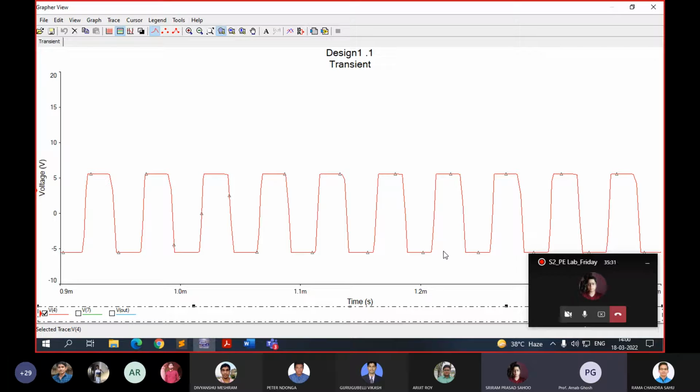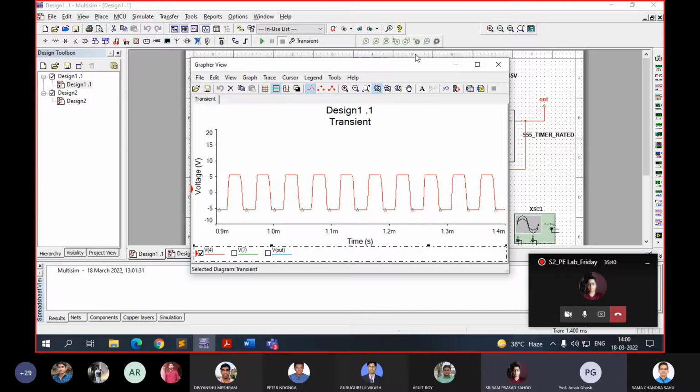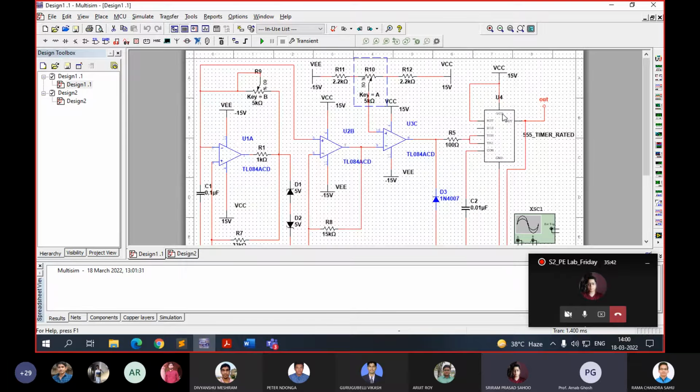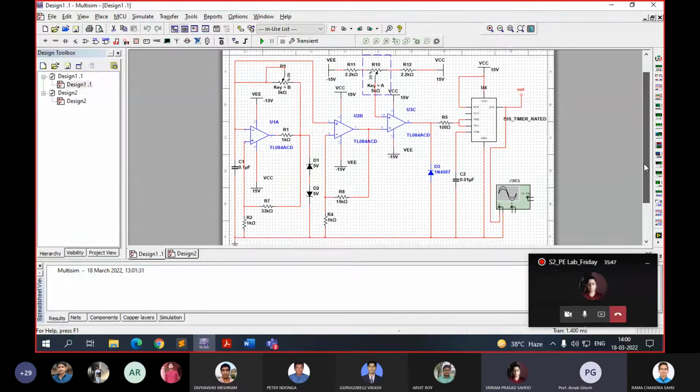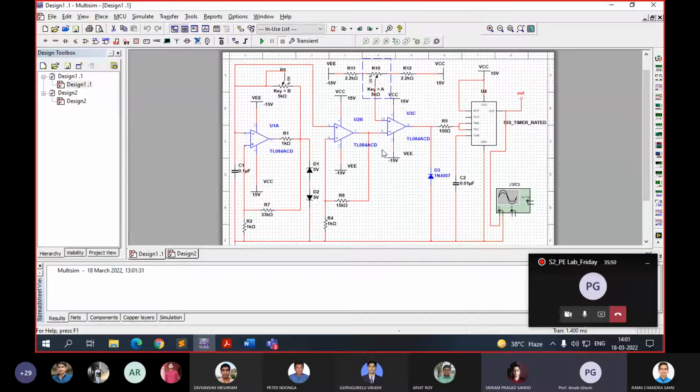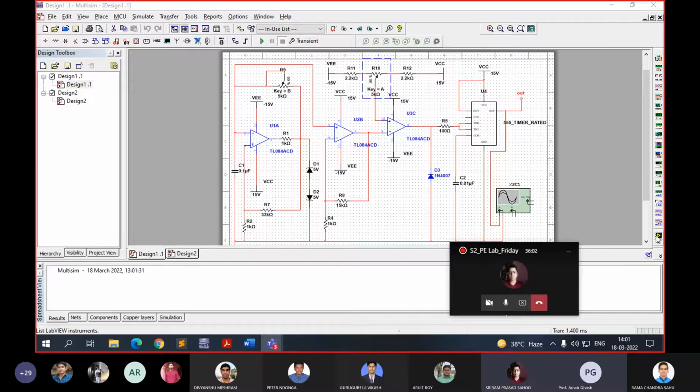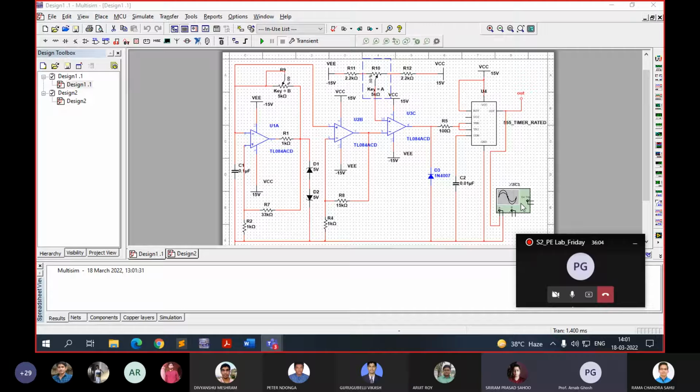Close it. Now take one oscilloscope. Now take an oscilloscope. Okay, sir. Output of this one, okay.